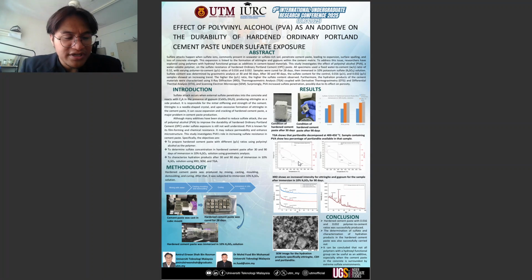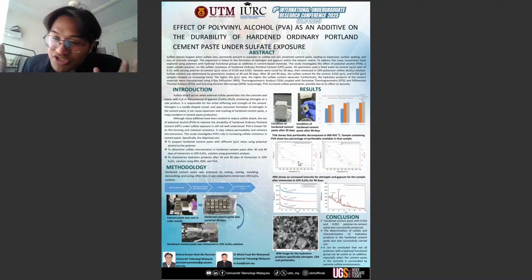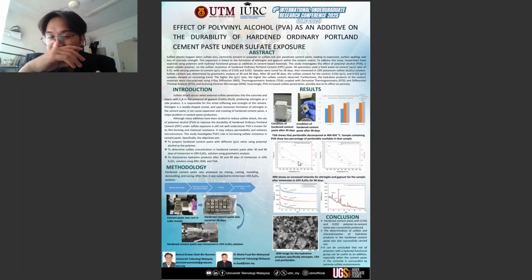So when it has less Portlandite, it's going to increase the porosity because, like I mentioned before, the main purpose of Portlandite is to reduce the permeability. So less Portlandite means permeability is increased. With increased permeability, more sulfate ions can penetrate into the concrete. Therefore, more sulfate can be seen for the sample with PVA.